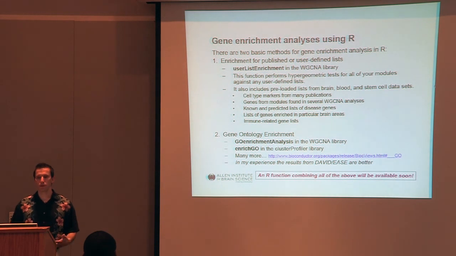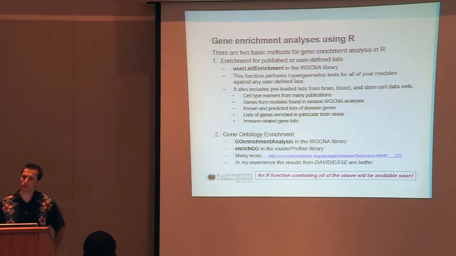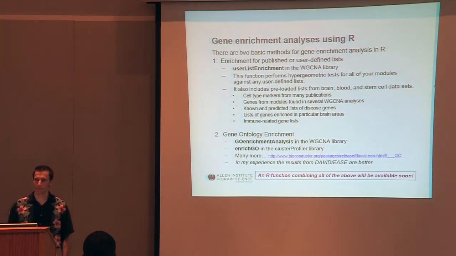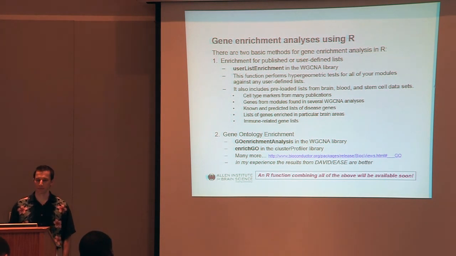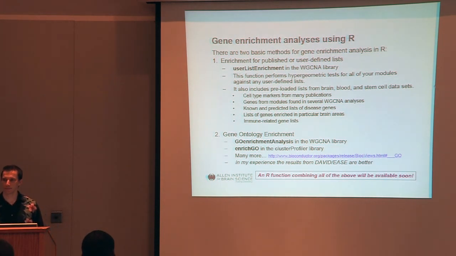Also, you can do the second, yes? I just wanted to echo what Jeremy said about user list enrichment. This is a tremendously valuable function for annotating modules. Jeremy doesn't highlight it enough because he's the author of the function and he's very humble, but let me mention it can do things that other tools cannot do, especially if you have neuroscientific applications, because it contains gene lists that were assembled on the one hand by Jeremy, for example, a list of Alzheimer's disease-related genes or autism-related genes.